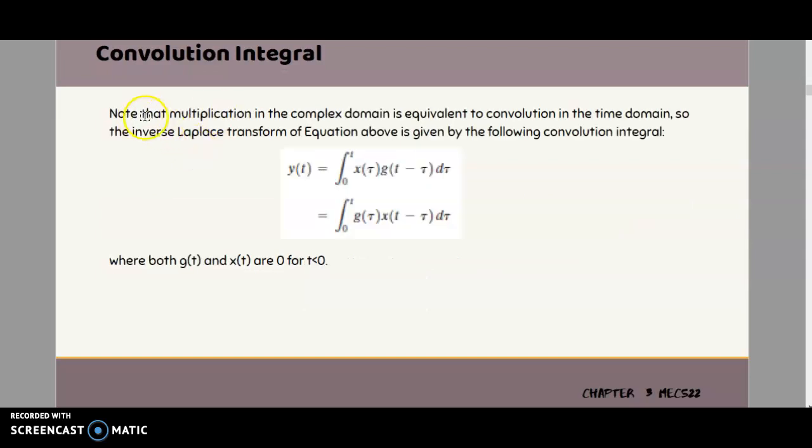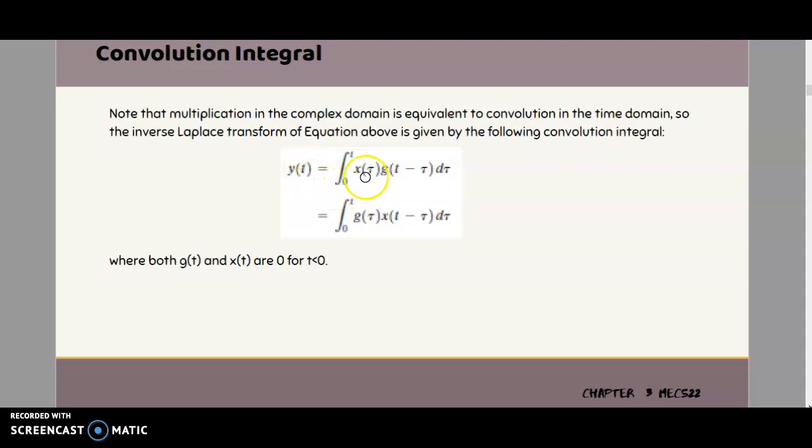But if you multiply, for example, x(tau) multiply g(tau), there are now two systems in this mathematical form. This one is the transfer function, this one is the input, and if you multiply them you get the output.